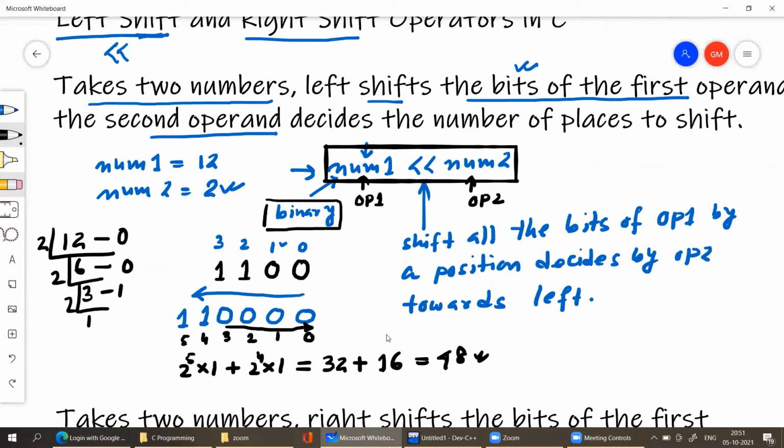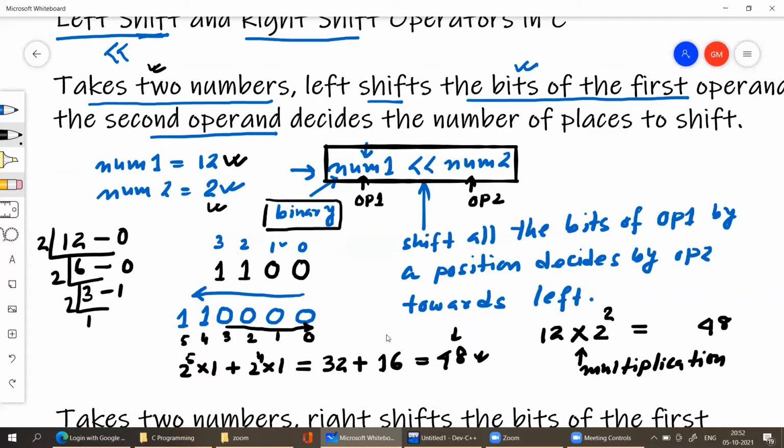Now let's identify the relation between operand 1 and the outcome. Here is the number that you gave as operand 1, and here is the result that we get after the operation. We left shifted by 2 positions, and we get this result. So left shift is actually the operation we call multiplication.